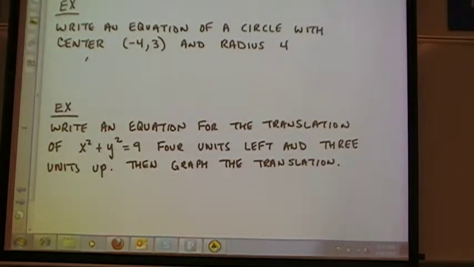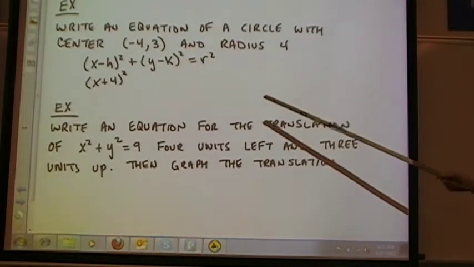It's (x minus h) squared plus (y minus k) squared equals r squared. So all you do is plug in the information. So what would go in the first set of parentheses? x plus 4, because you minus a negative.